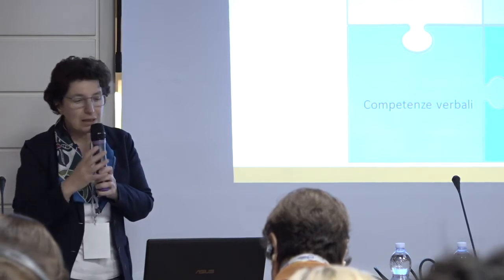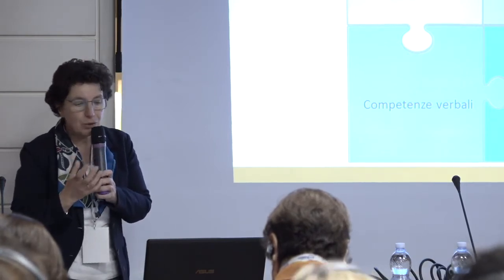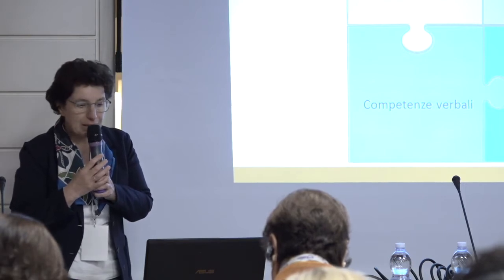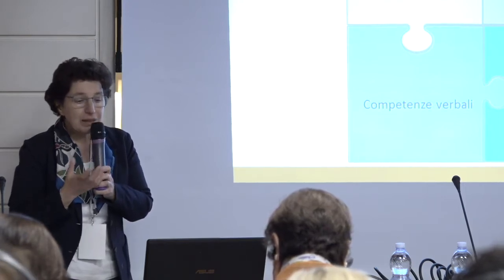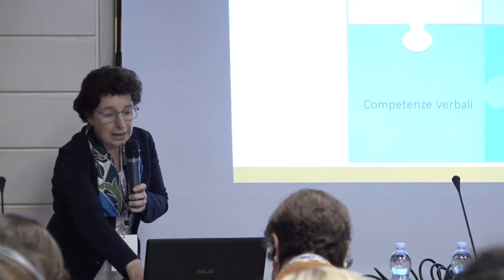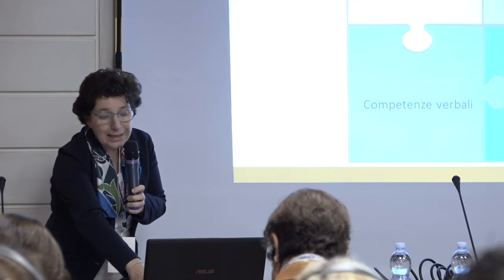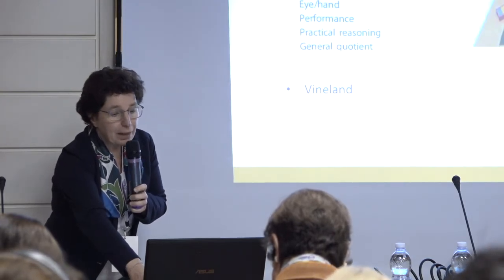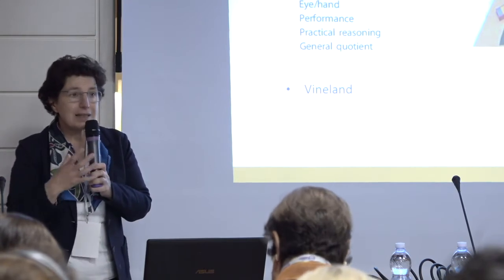As you can imagine, with this genetic condition, movement skills are impaired, as well as verbal skills. Neuropsychological skills are difficult to explore, and social skills seem to be more normal.